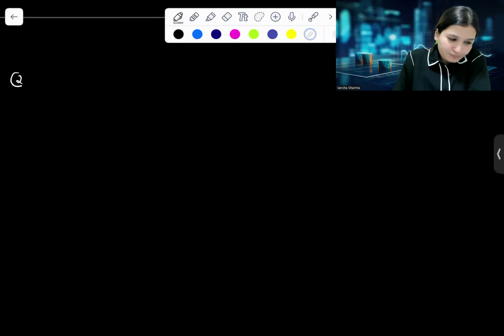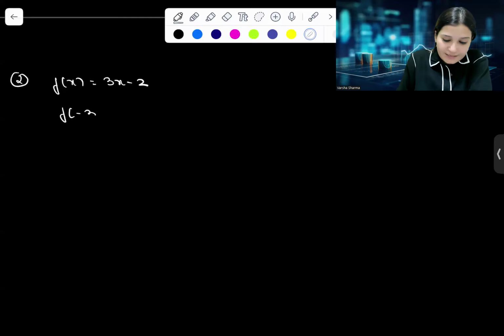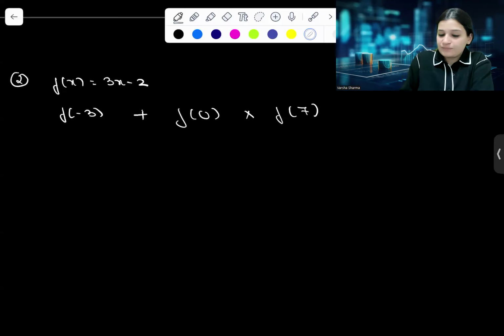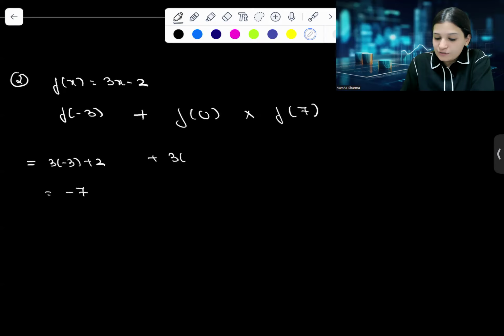Question number 2. The function is 3x minus 2. We want f of minus 3 plus f of 0 multiplied by f of 7. F of minus 3: 3 into minus 3 minus 2, minus 11. F of 0: 3 into 0 minus 2, minus 2.